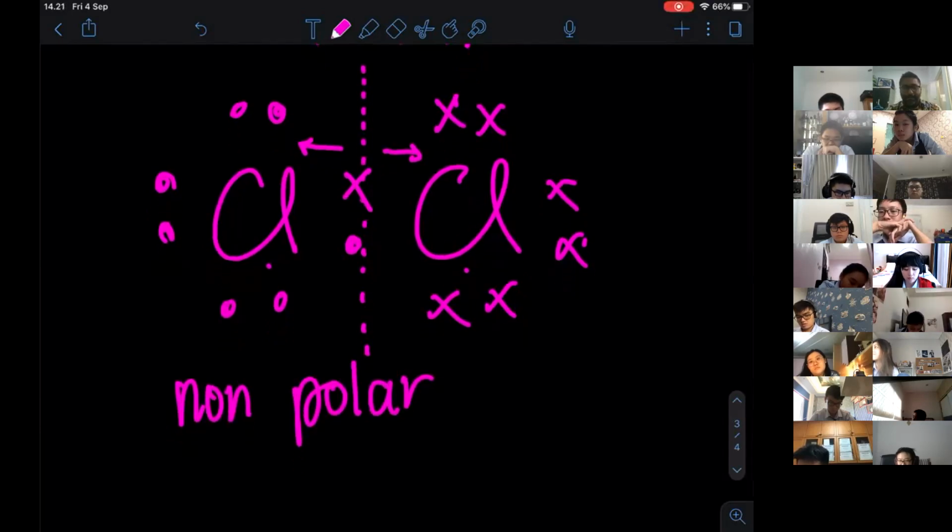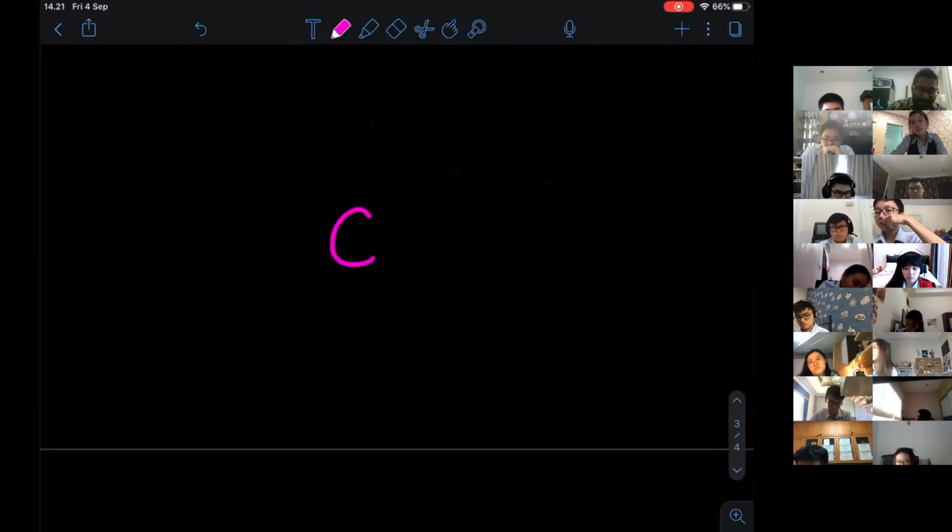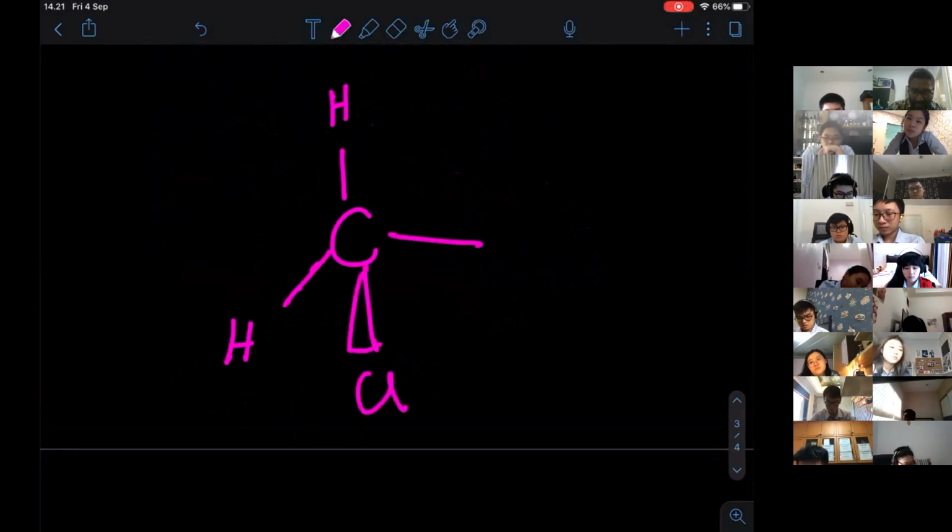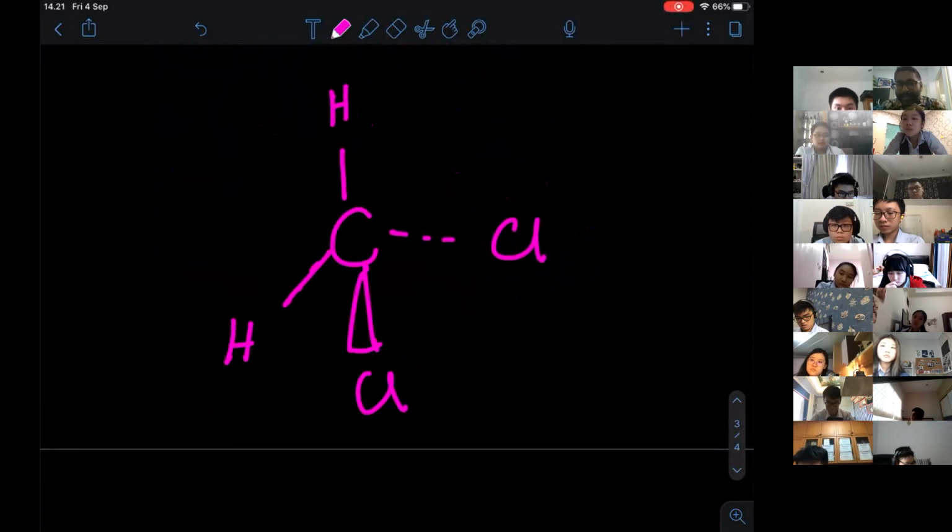I'll give you another example. If I have C, H, another H over here, and then I have Cl and another Cl over here. Now, is this polar or not? Let's actually see. You have carbon, chlorine, and hydrogen.